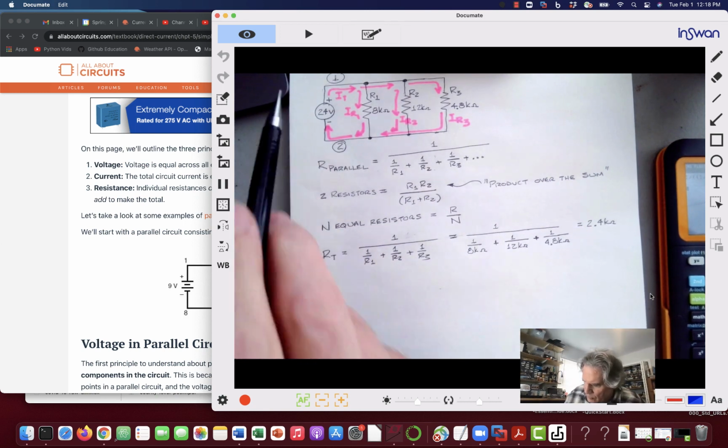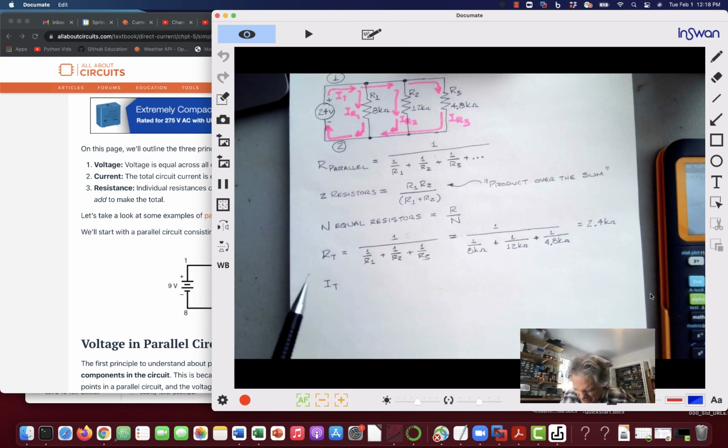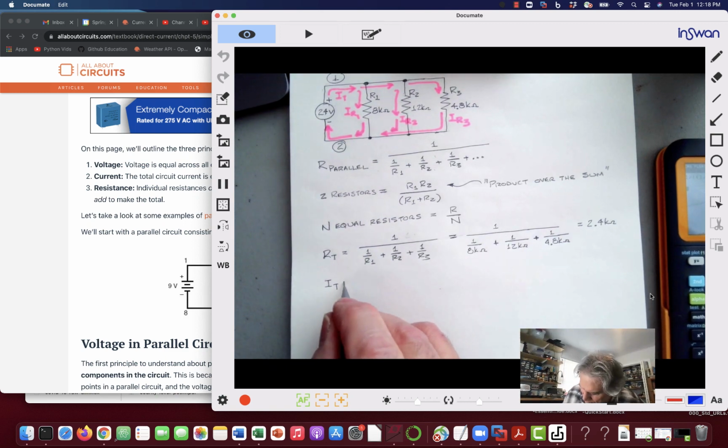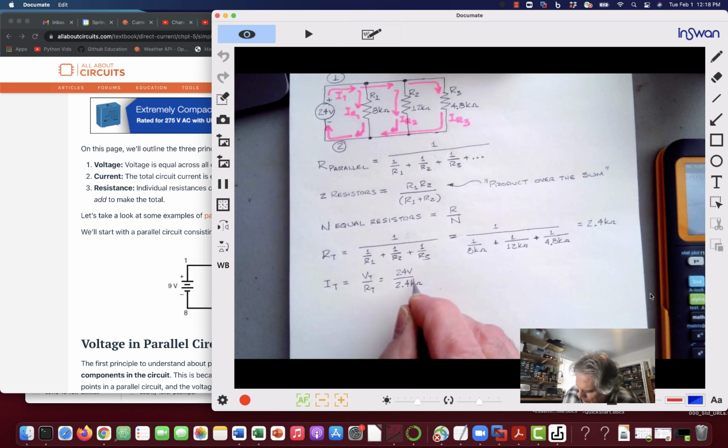Well, I've got 24 volts. Now I can use Ohm's law to find my total current. Remember the Ohm's law triangle? It's V on top, and there's I and R on the bottom. So if I want to find I, I cover up the I, and I see V over R. So I equals V total over R total, and that's 24 volts over 2.4k ohms.